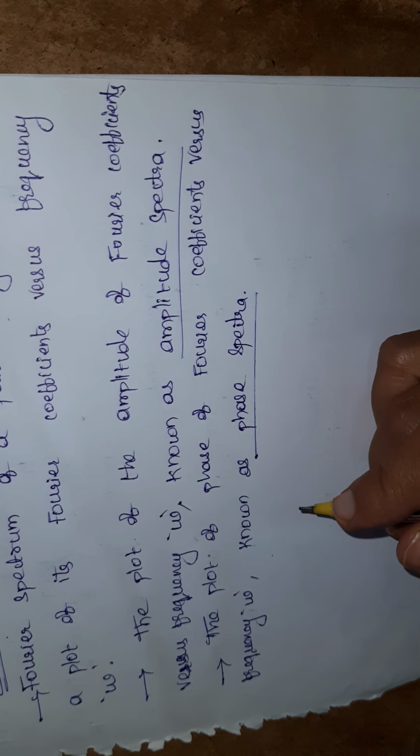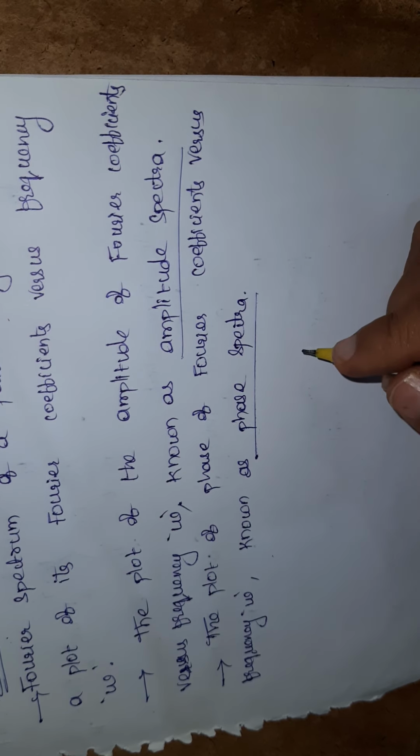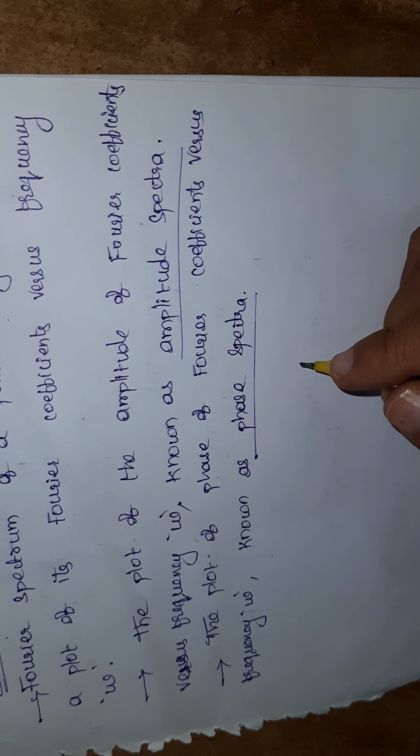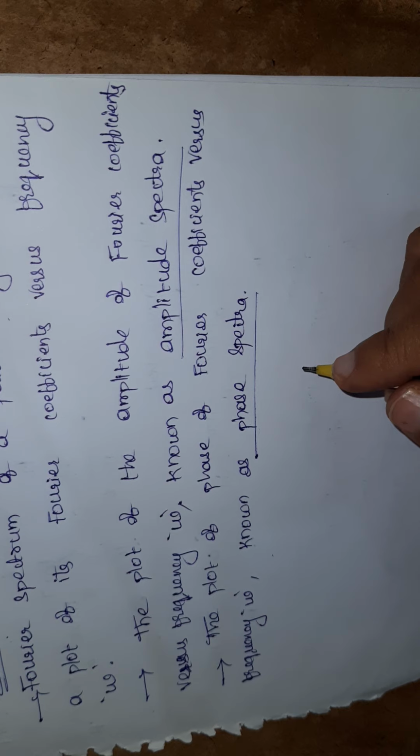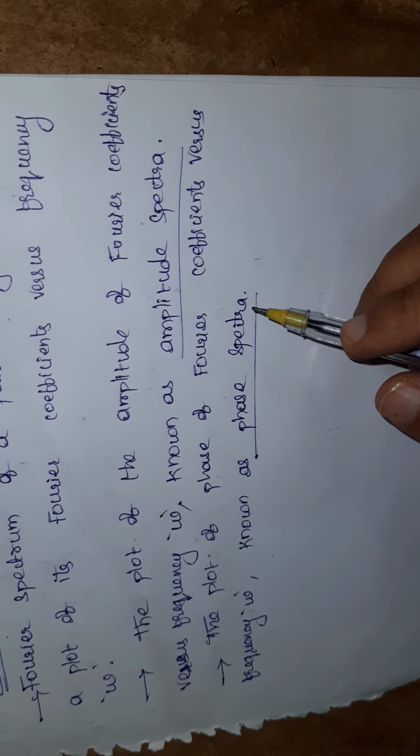So the spectrum is not continuous, it is a discrete spectrum, and we will get a discrete line spectrum.